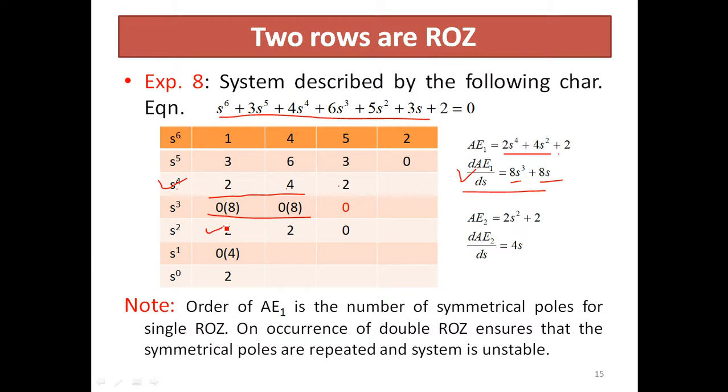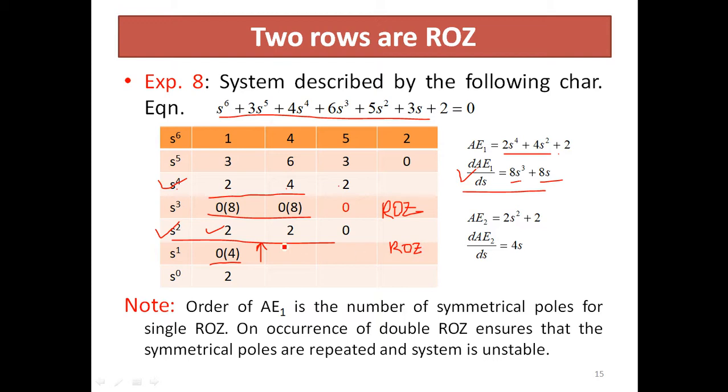Carry on the calculation of the other elements of the s raised to power 2 row. Again you are having a 0 element in s raised to power 1. Then you should write the auxiliary equation for this s raised to power 2 just above the row where ROZ is occurring. So one ROZ, row of 0, is this one, and another ROZ is appearing in this one.